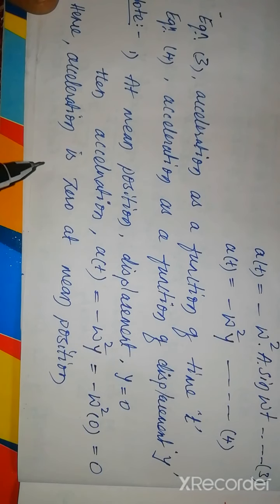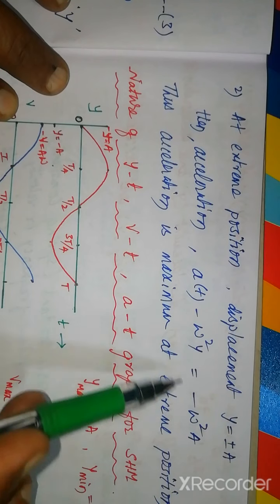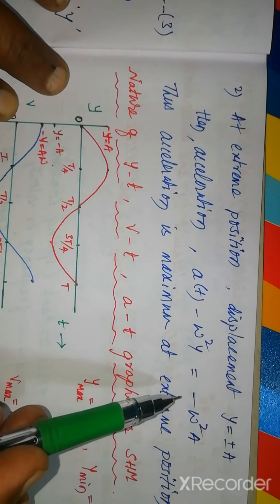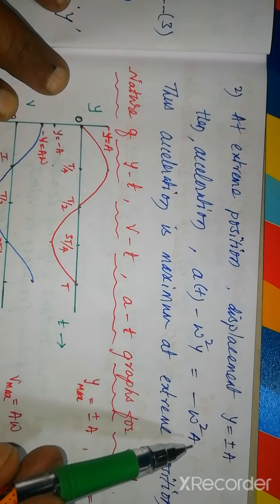Further, at the extreme position, displacement y is plus or minus a. Then acceleration at the extreme positions, a of t equals minus omega square y. Substituting y as a, it is minus omega square a. Thus acceleration is maximum at the extreme position and 0 at the mean position.